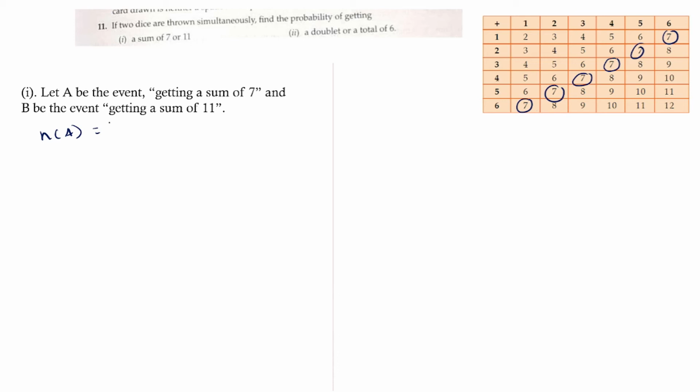So n of A equals 6. And n of B: we get the sum as 11 for 2 cases, 5,6 and 6,5. So n of B is 2. So P of A equals 6 by 36 and P of B is equal to 2 by 36.